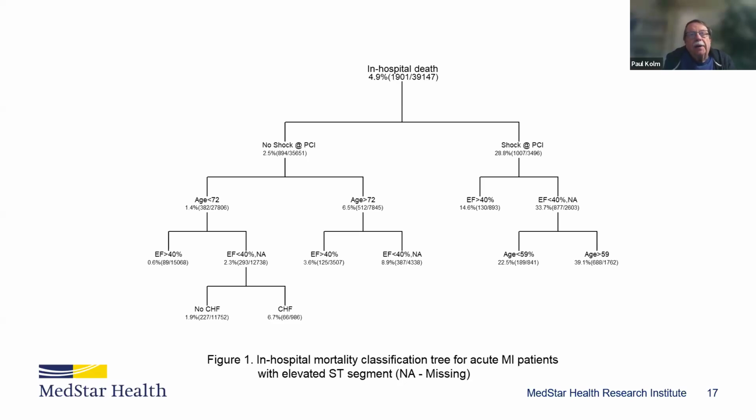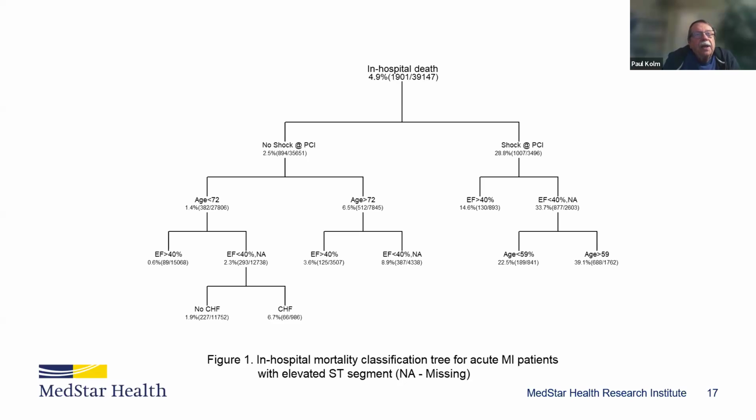Interestingly, this tells us something about what we might want to do if we did a logistic regression: an interaction that we might want to include is ejection fraction. For those age greater than 72, if they have an ejection fraction less than 40 or missing, the death rate is nearly 9%, compared to a little over 3.5% for those greater than 40.